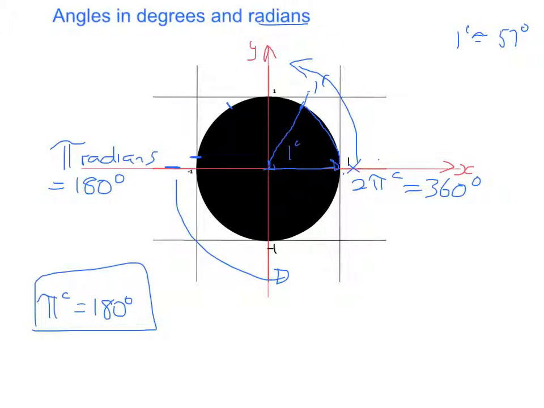Now, what I'm going to do here is show you a few equivalent fractions. So, starting over here, we have 0 degrees, and that's going to be the same as 0 radians. We've already worked out over here on the other side that we have 180 degrees.